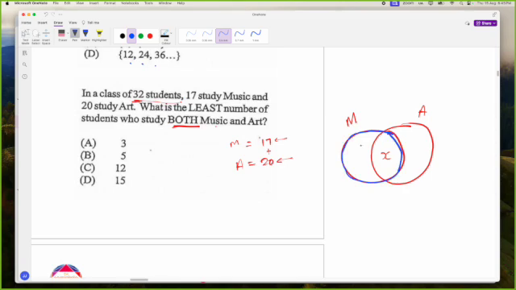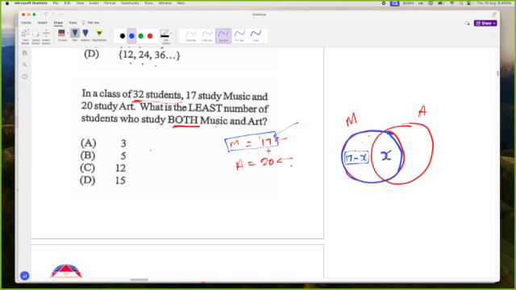We know the music people are 17 in total, so the people who do music alone will be the total 17 minus the number of X people who do music and art. So X is the number of people who do music and art, and 17 minus X is the number of people who do music alone.